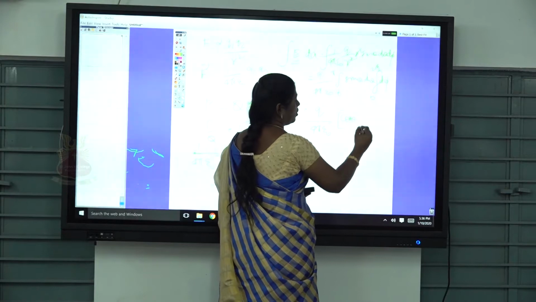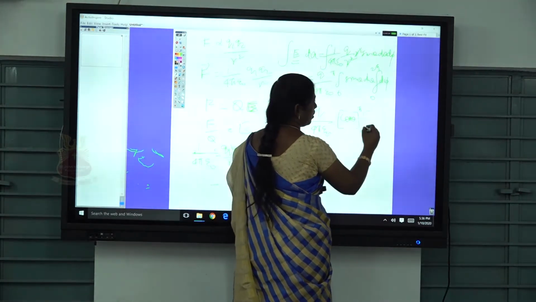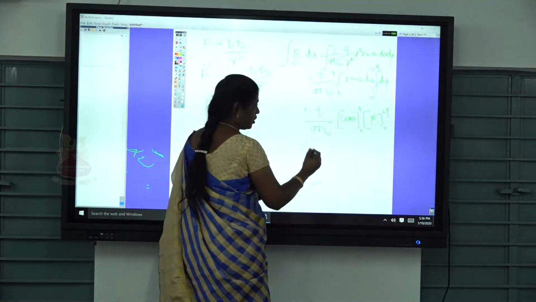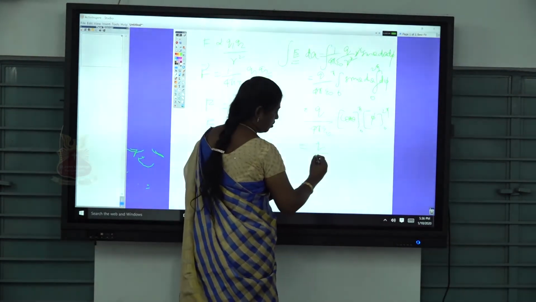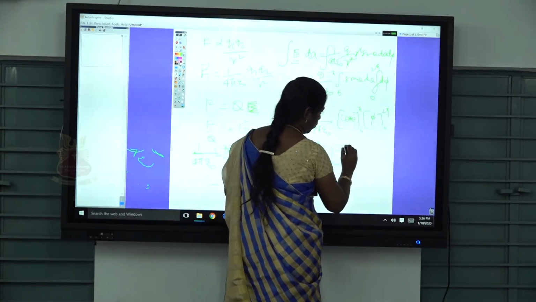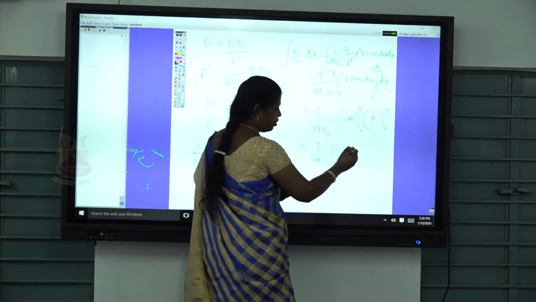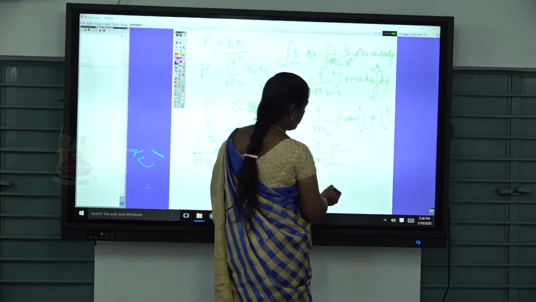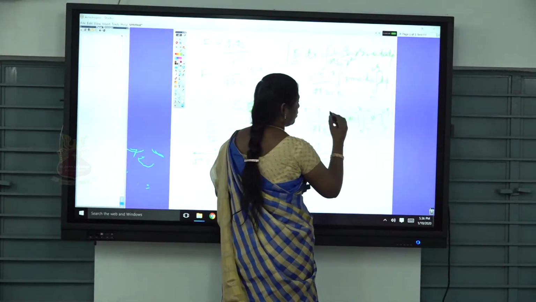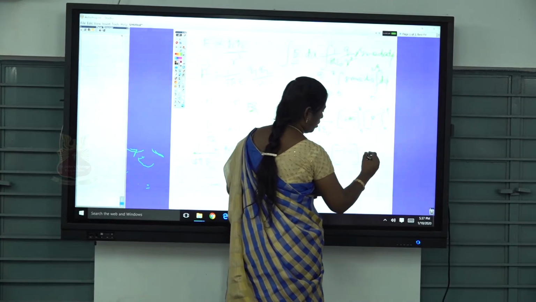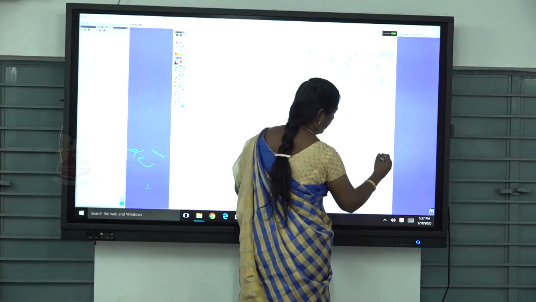Cos theta from 0 to pi, phi from 0 to 2 pi. Substitute the limits. Cos pi is minus 1, minus the lower limit. So minus 1 minus 1 gives minus 2 and then 2 pi.